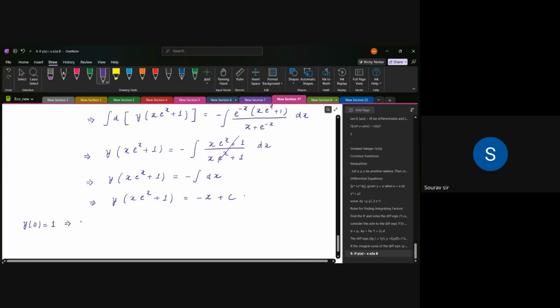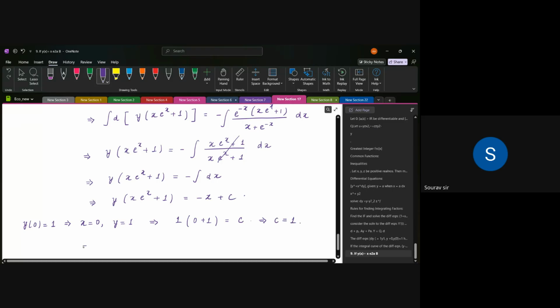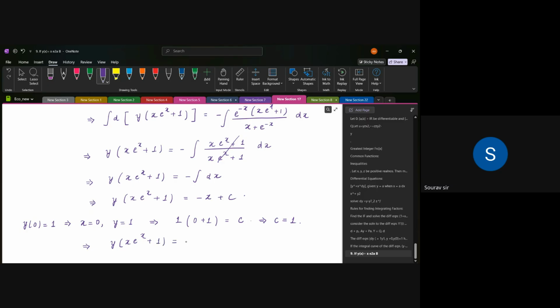So that means when x is 0, y is 1. So 1 into (0 plus 1) is equal to c. So c is basically 1, right? That means y of x into (e to the power x plus 1) is equal to 1 minus x.